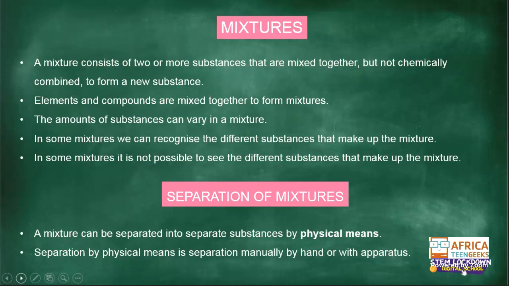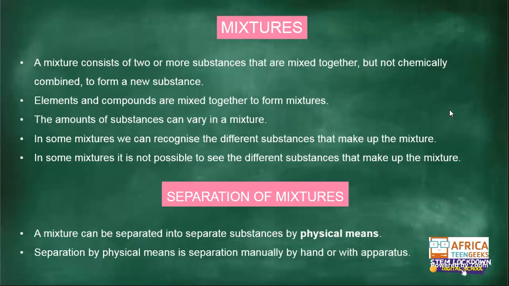Now, the amount of substances can vary in a mixture. In some mixtures, we can recognize what makes up the mixture. And in some mixtures, it is not possible to differentiate between what makes the mixture and what doesn't.